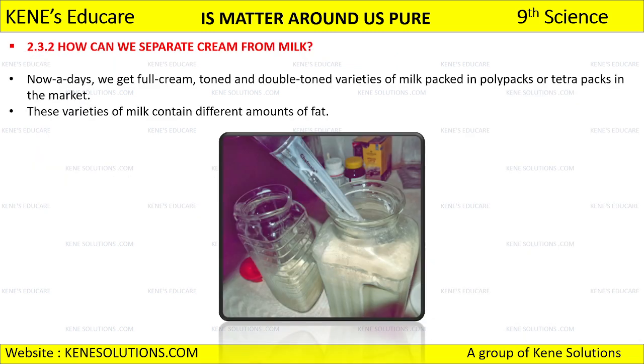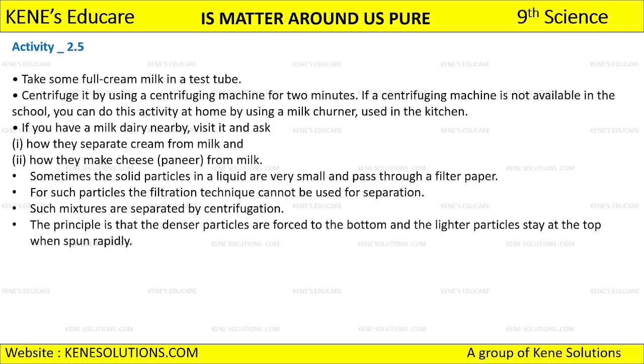After this we discussed how we can separate the cream from milk. We can do this through the process called centrifugation, where you have the centrifuging tube, inside that you will add it and keep that inside the centrifugation machine. Now you have to start it and there will be a rotation in the tube, and that rotation is going to be very fast.